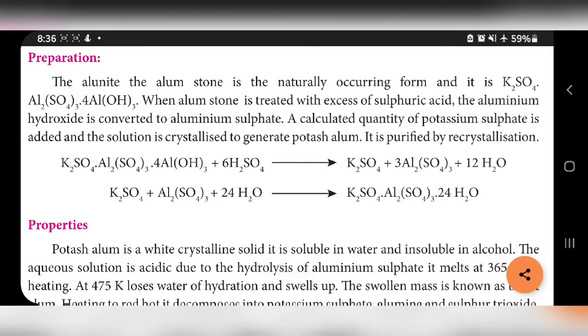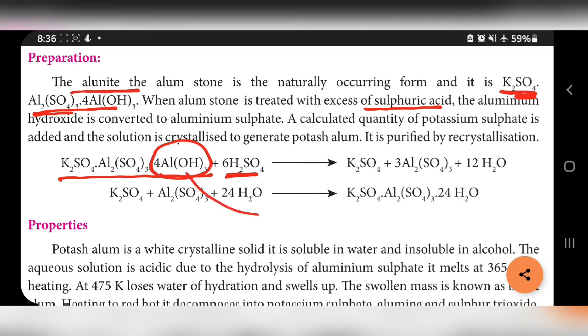Next one, preparation of alum. The alunite or alum stone is a naturally occurring form and it is K2SO4 Al2(SO4)3 4Al(OH)3. So, this is the alum stone or alunite formula. When alum stone is treated with excess sulfuric acid, aluminum hydroxide is converted into aluminum sulfate.